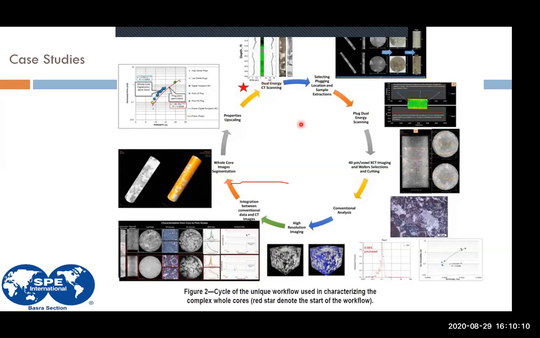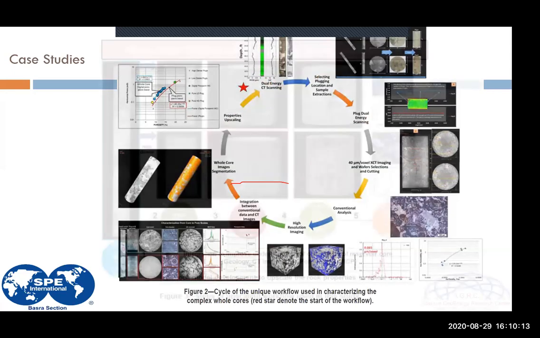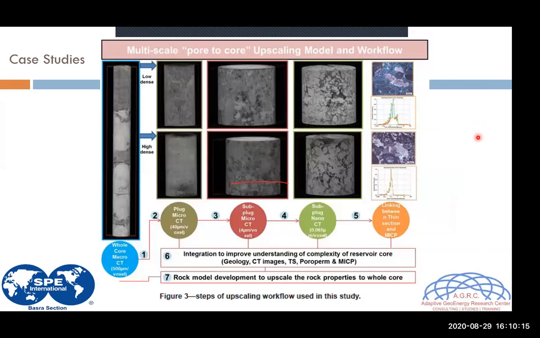Let me show you, let's take a look at some of these specific steps here. The first one, as I mentioned, you have the whole core here. You perform the dual scanning acquisition. It's a CT scanning, so it's, let's say, 500 micron size. It's not like the usual higher resolution acquisition.